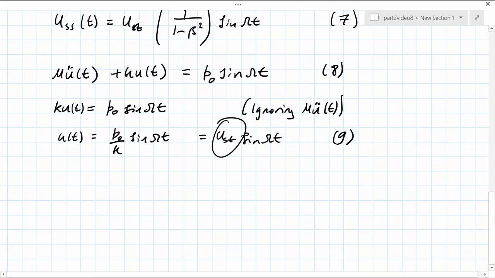So the remarks from this are, firstly, 1 over 1 minus beta squared. This is the magnification effect of the applied harmonic loading.